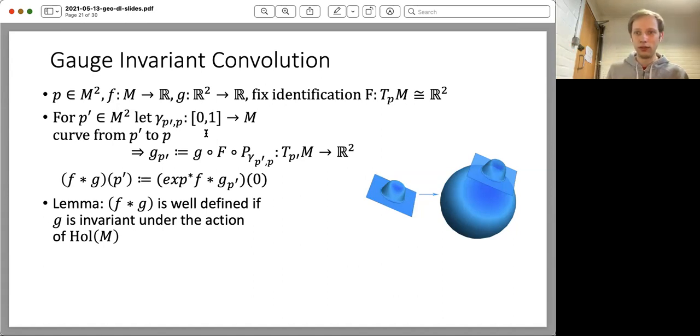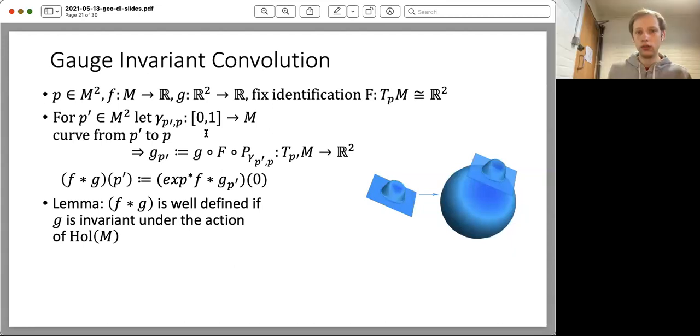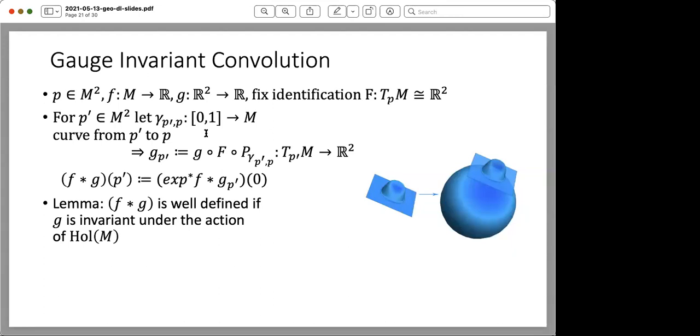for your function G. Couldn't you also just say that G is a map from the tangent bundle to R? Or for one point, just from the tangent space at P, because the holonomy group naturally acts on this tangent space, and then you just require it's invariant under this action.